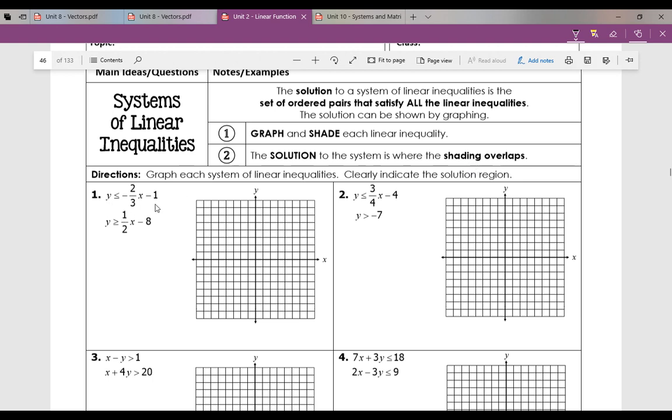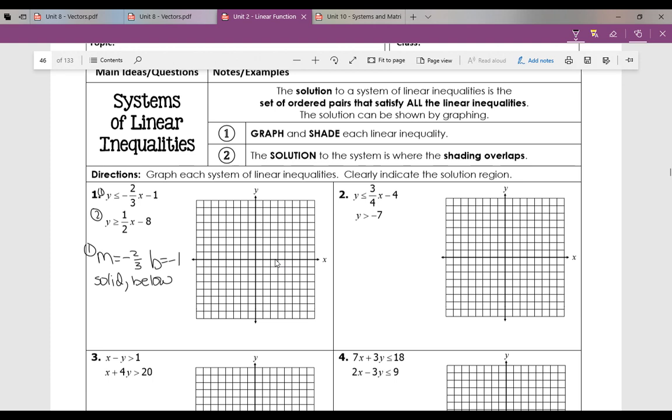So in our first equation, I'll call that equation 1, equation 2. Do y'all have that page? Okay. All right, so for equation 1, my slope is -2/3. My beginning point is at -1. This is going to be a solid line, and we are going to shade below that line.